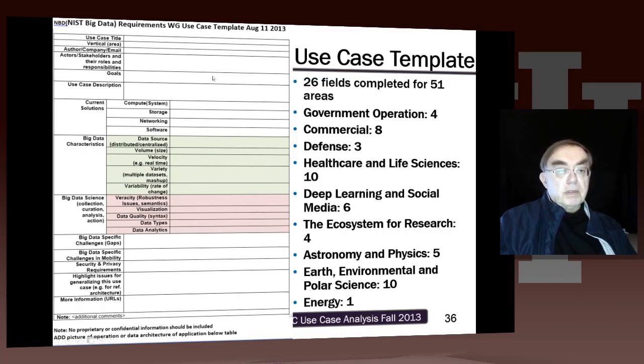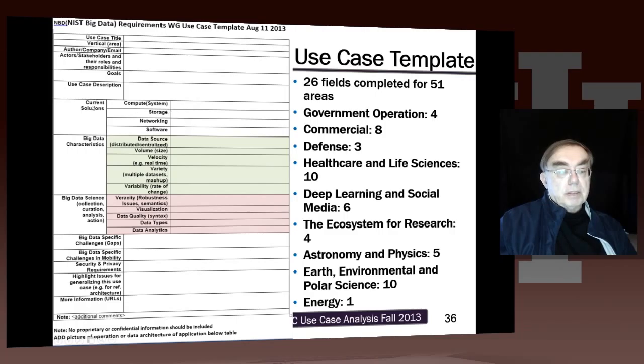Then the goals of the use case, the fundamental scientific results, a description of the use case and how you got those scientific results. After these general fields, we come into some of the technical details.